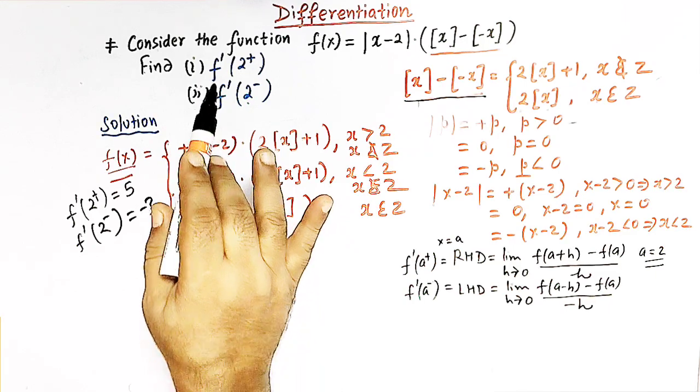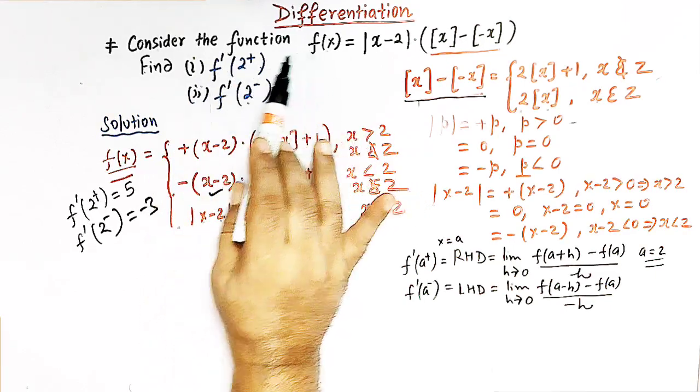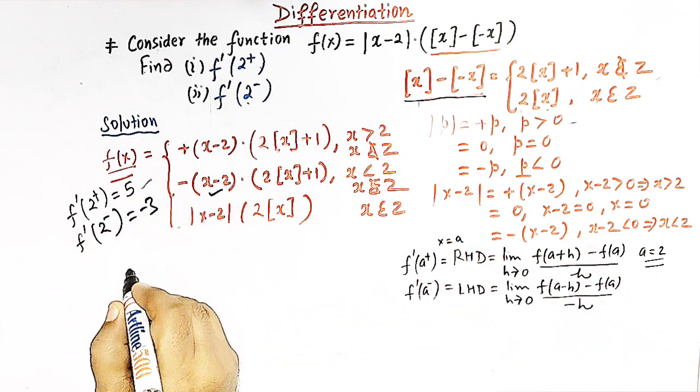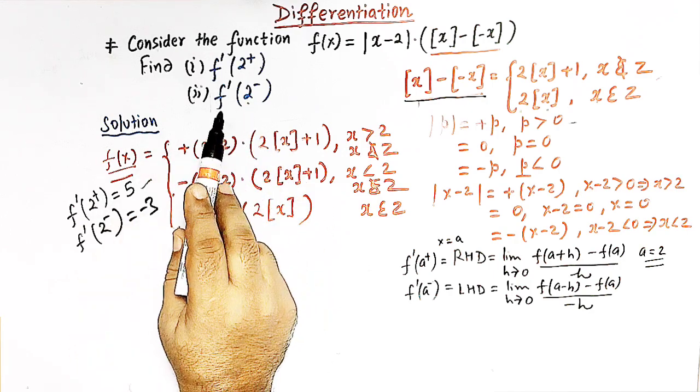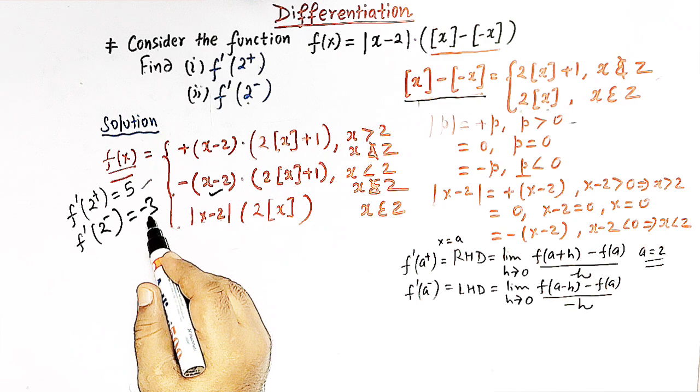So viewers, the value of the right hand derivative of this function f of x at the point a equal to 2 is 5, and the value of the left hand derivative is given by minus 3.